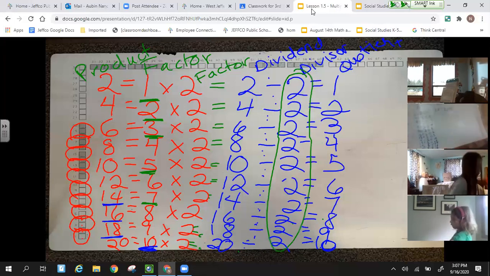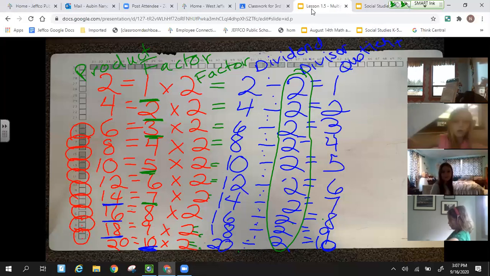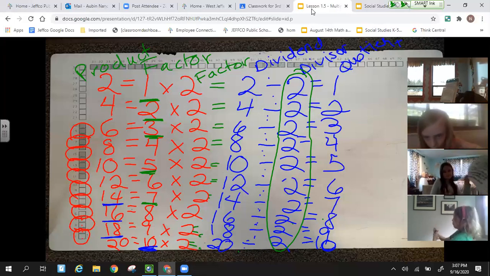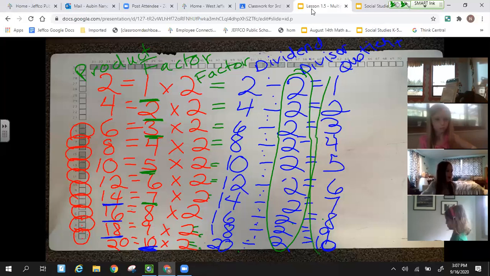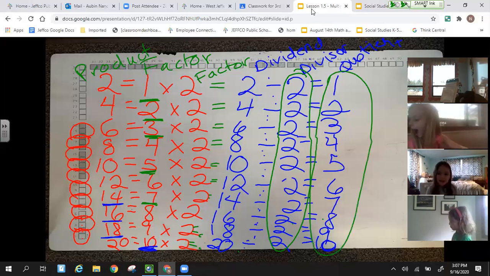What did you notice, Charlie? Quotient is always counting, just adding one, right? And counting order by 1. Excellent. So Josh, what else did you notice?